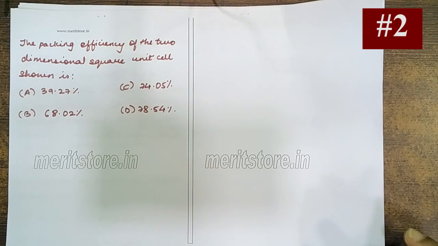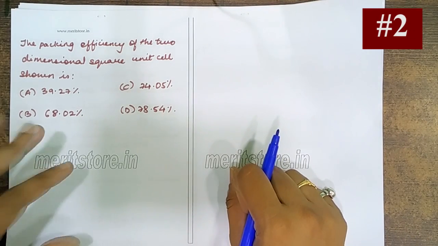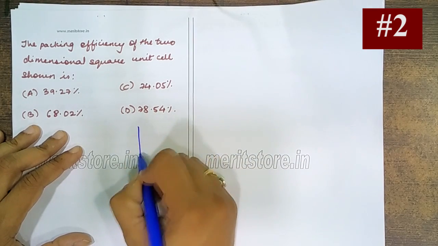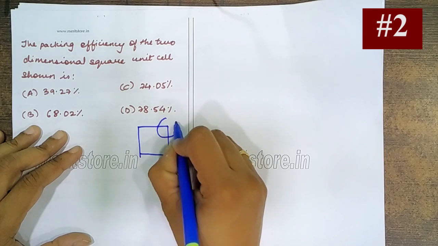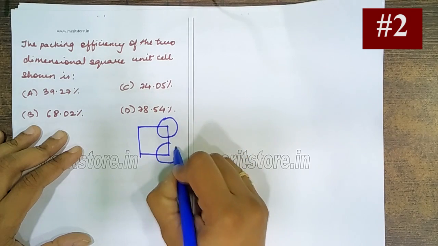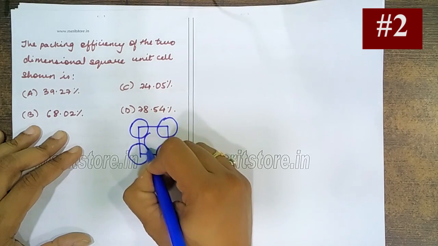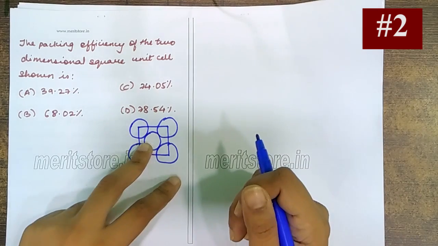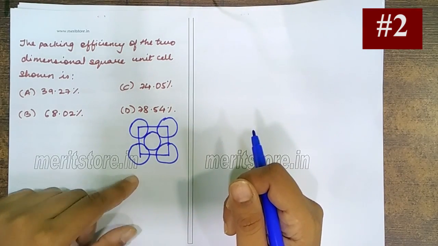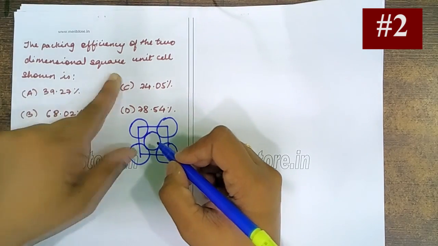The packing efficiency of a two-dimensional square unit cell, we have to find out. Now this square is something like this. We have to find out the packing efficiency of this particular square, with a circle, it's a two-dimensional thing.